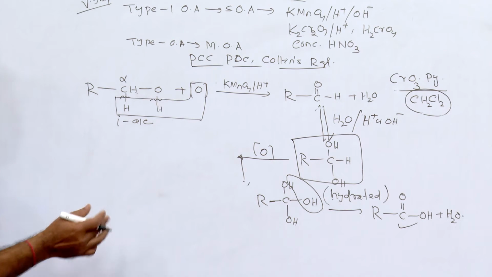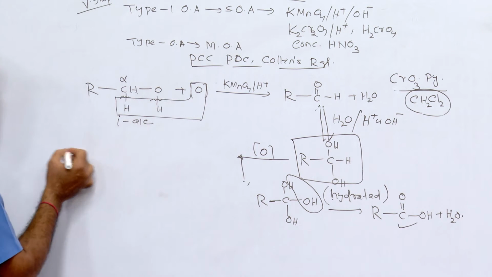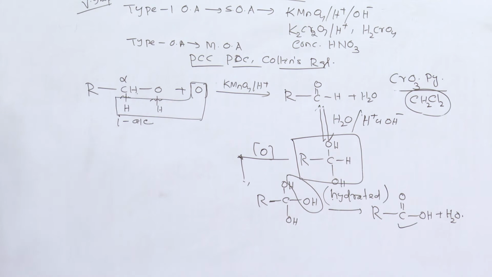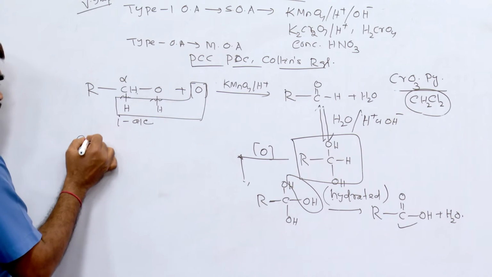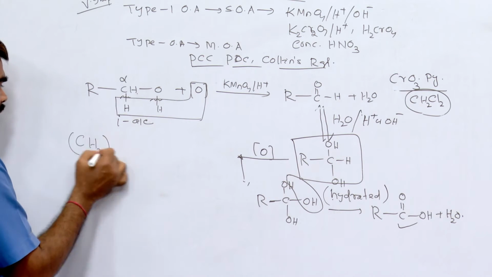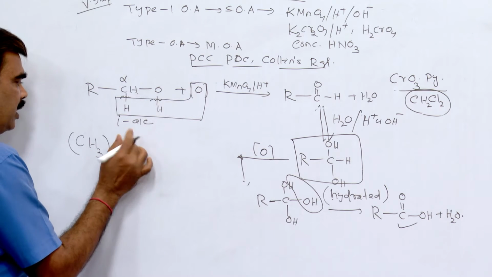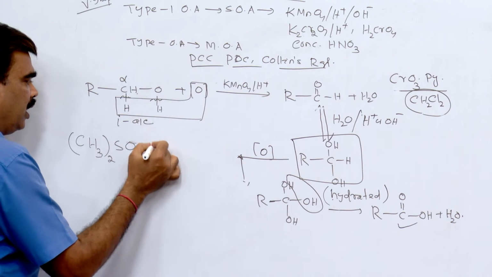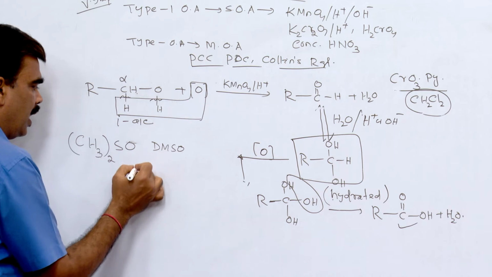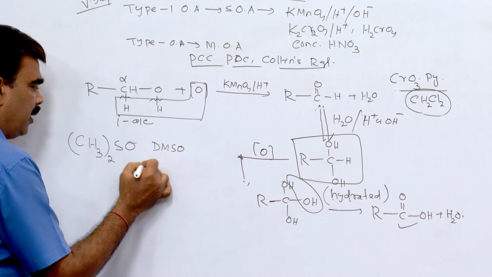It can be sorted out by using another suitable reagent. That reaction is called Swern oxidation, and the reagents used are dimethyl sulfoxide, DMSO, and oxalyl chloride.